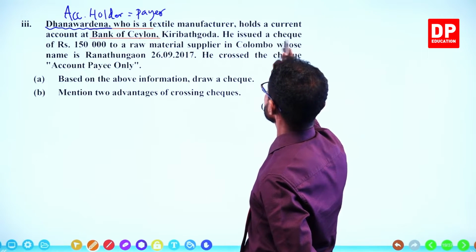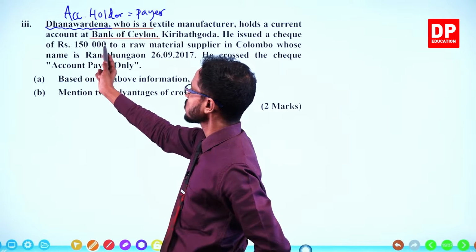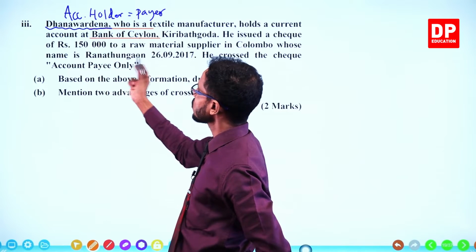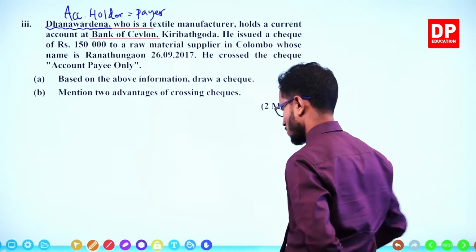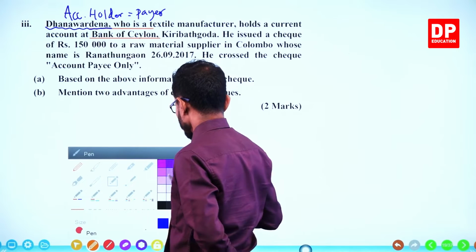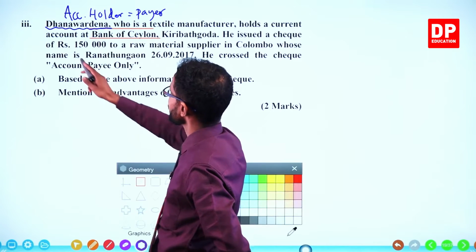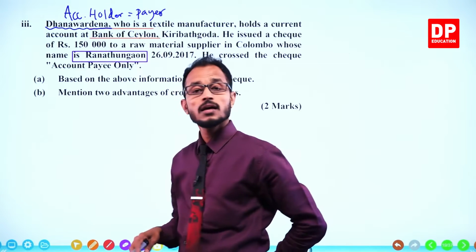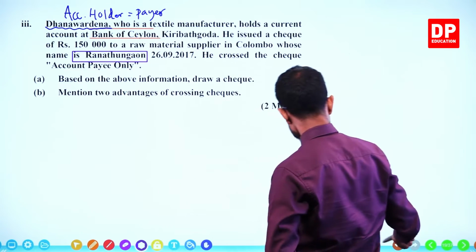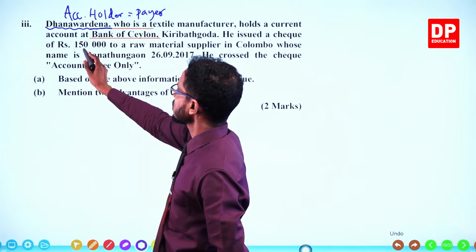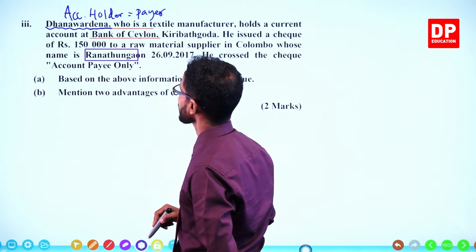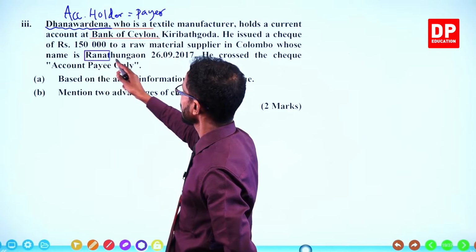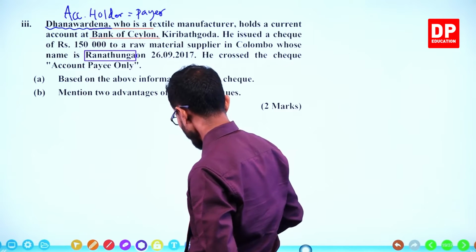He issued a check of 150,000 to a raw material supplier in Colombo whose name is Ranatunga. This guy, Ranatunga, is the payee.